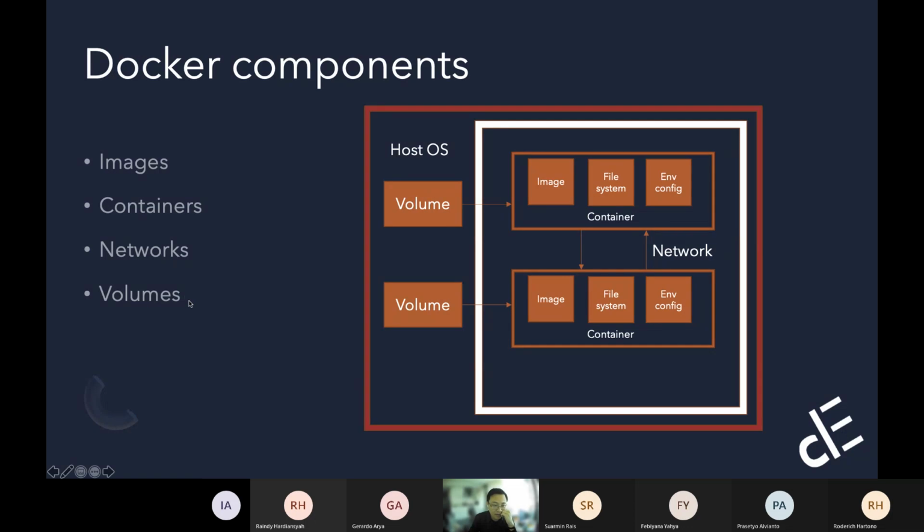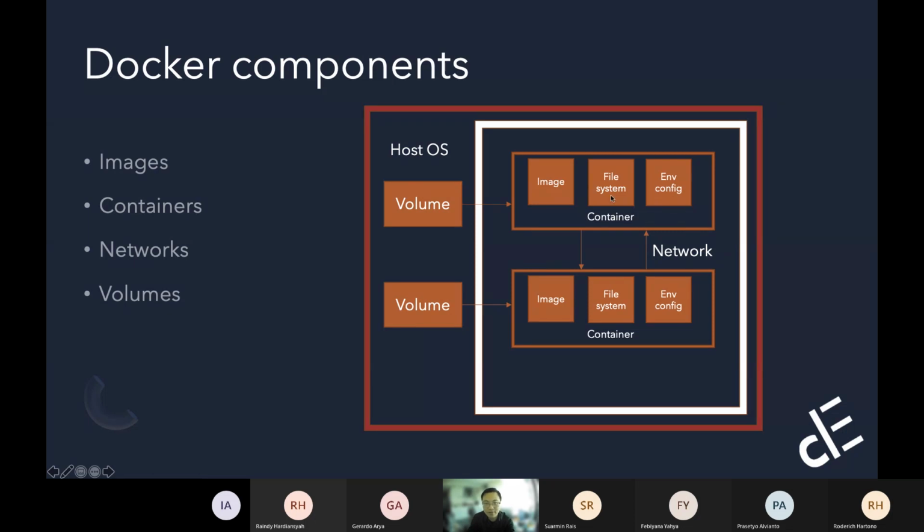And the fourth one is volumes. Volumes is what contains data. I mentioned before that a container contains the image, file system, and environmental config. You can actually put this file system into a volume if you want, and that depends on your needs. The only downside of not having a volume is that once the container is destroyed, you lose all your data.